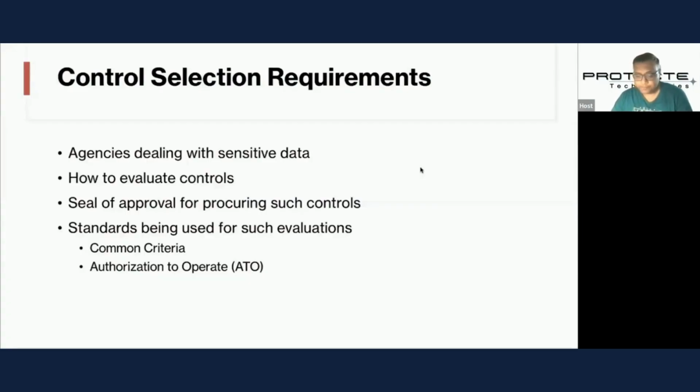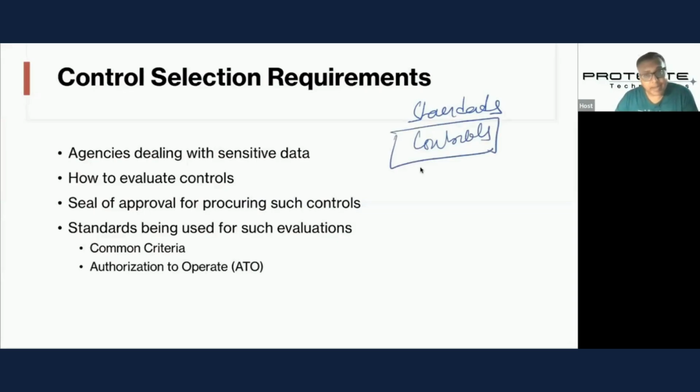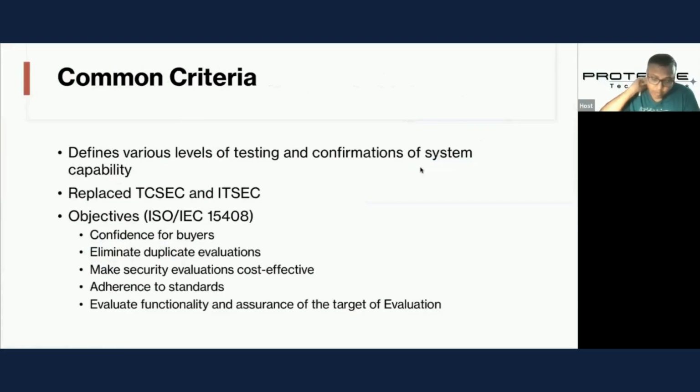Now there are standards which you can follow for selecting controls. You can select controls based on certain standards. One of the standards is called the common criteria. Now what is common criteria? Common criteria is given in a standard called ISO/IEC 15408, a very, very important standard if you are into system evaluations.